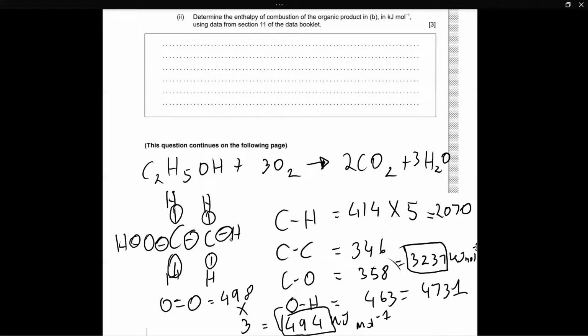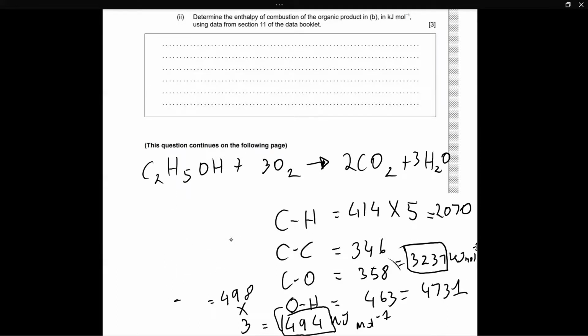So the bonds broken. I'm just going to erase all of this. So the total enthalpy that you require for breaking the bonds is 4,731 kilojoules per mole.